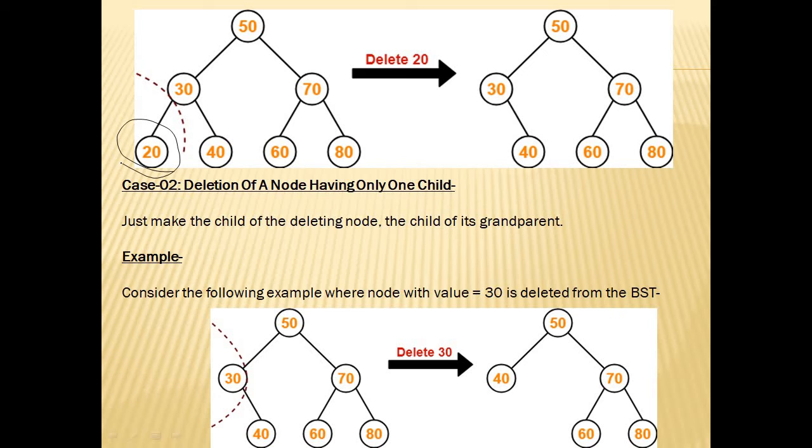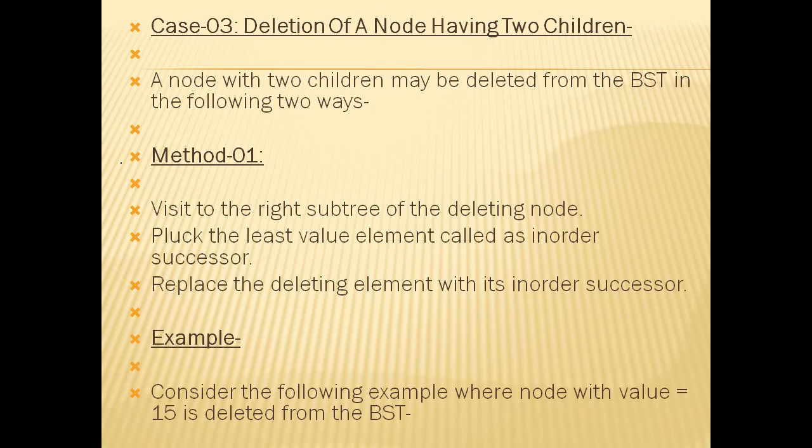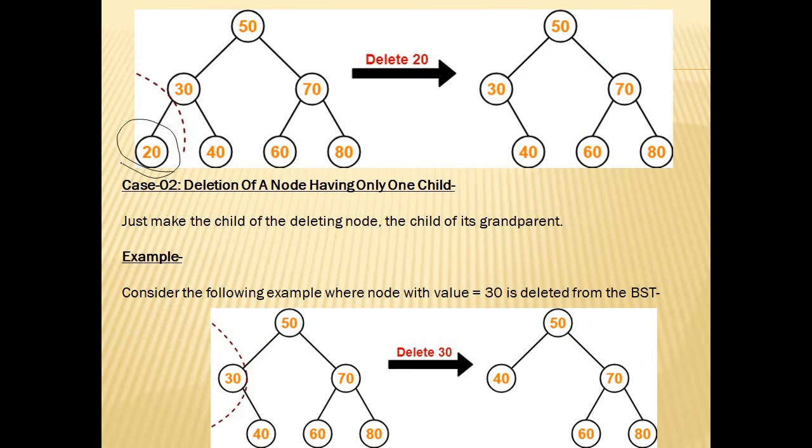So case 2, deletion of a node having only one child. Assume the node you are going to delete has one child, then this process applies. What we need to do is just make the child of the deleting node the child of its grandparent.